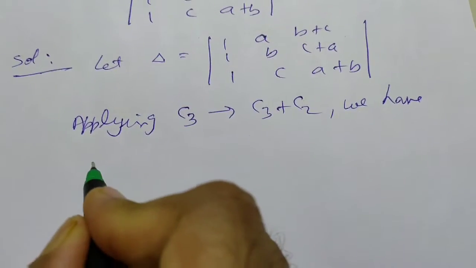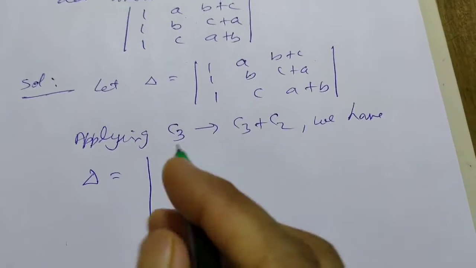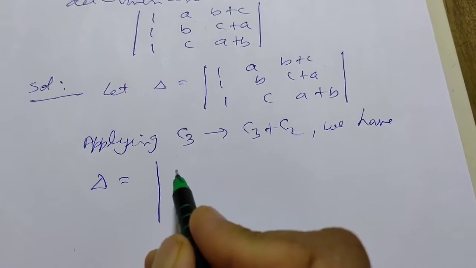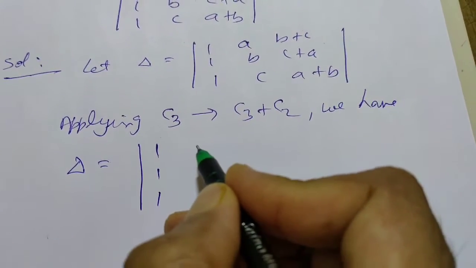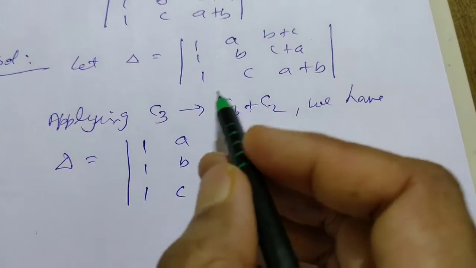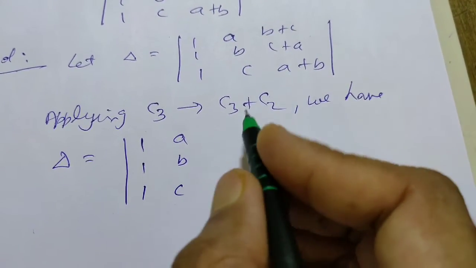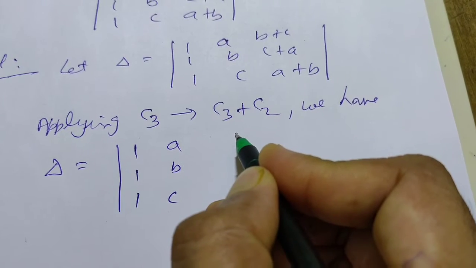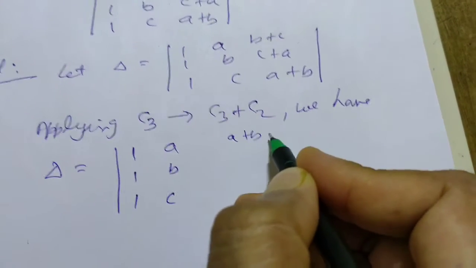So delta equal to what we'll get applying. Since we are applying on column 3, column 1 and column 2 will remain intact: 1, 1 and 1, then column 2 is a, b and c. And column 3, because we are adding elements of column 2 with column 3, will become b plus c plus a, or it will be a plus b plus c.